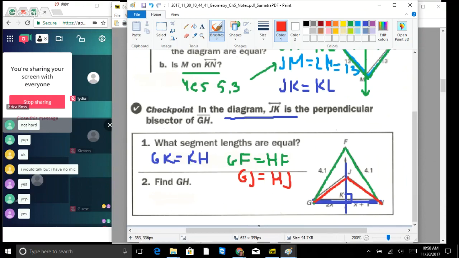And then we want to be able to find the length of GH. So GH is the line that goes from here to here that I wrote all over top of. But we also know that GK is equal to KH. So we could say GK equals KH.